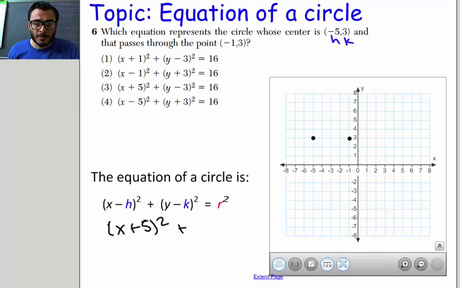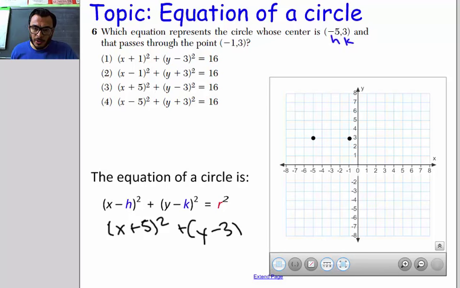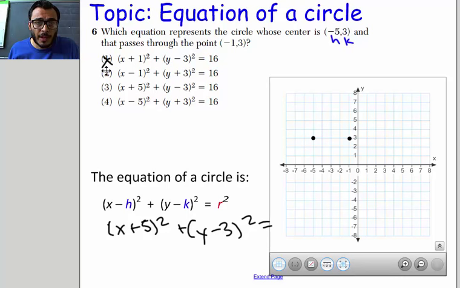If you're wondering why those signs changed, it's because if you substitute a -5 for h, you get a subtraction sign followed by a negative sign, and that's what makes it positive. And if you substitute the 3, you get a -3. Just from that simple substitution, we know the answer cannot be choice 1, choice 2, or choice 4. So the answer is choice 3 by process of elimination.